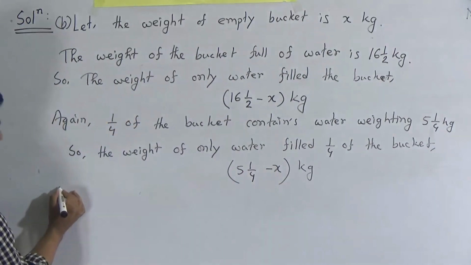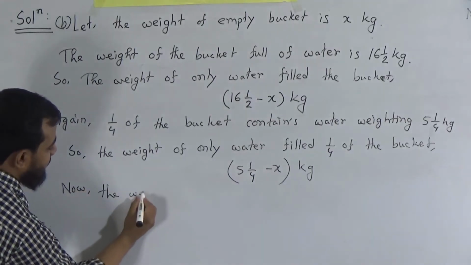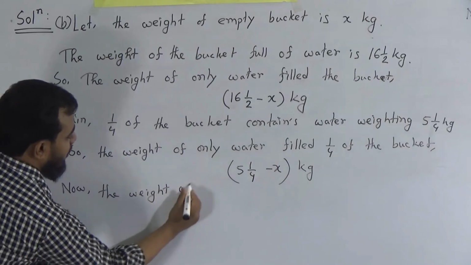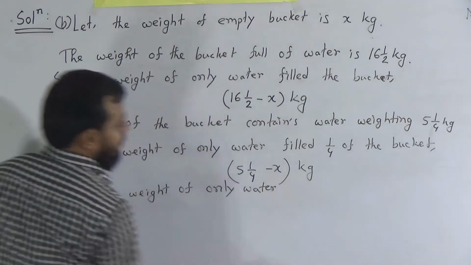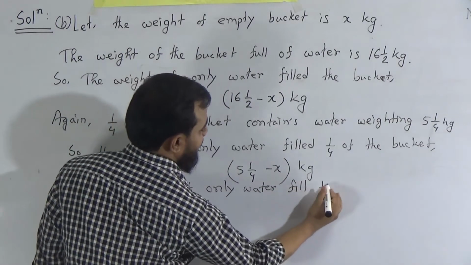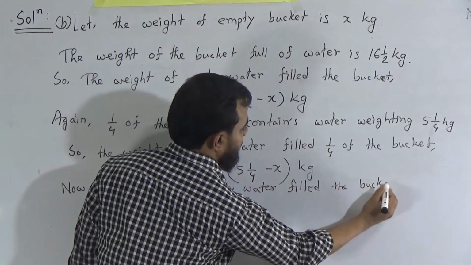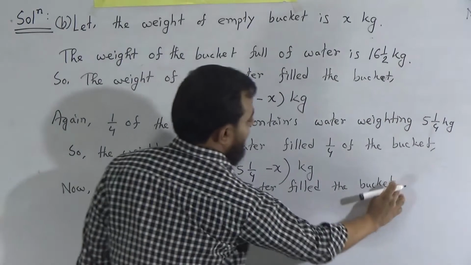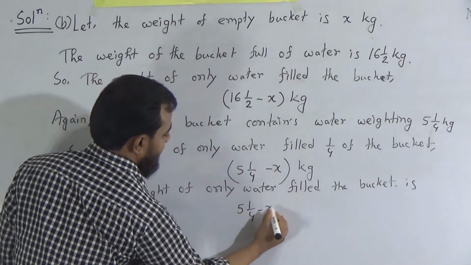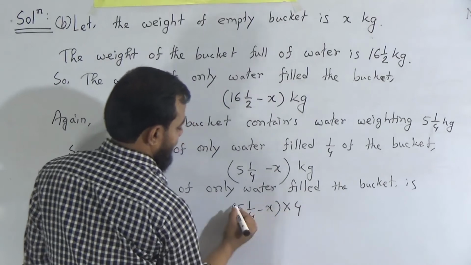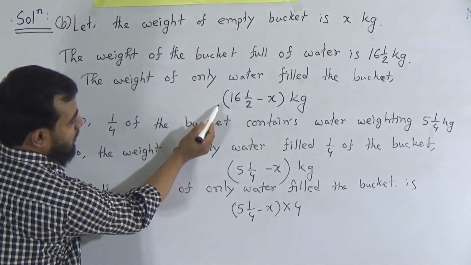So again, the weight of only water filling the bucket is nothing but 4 multiplied by this, that means 5 1/4 minus x, multiplied by 4. This is the weight of the whole water, and this is also the weight of the whole water we calculated before.